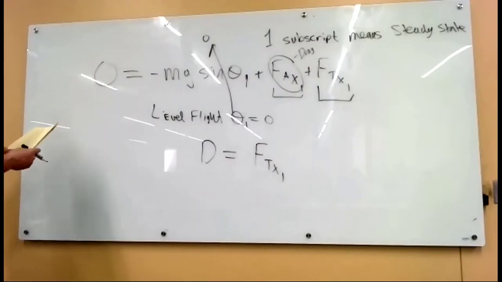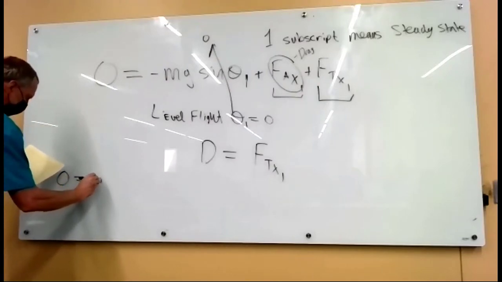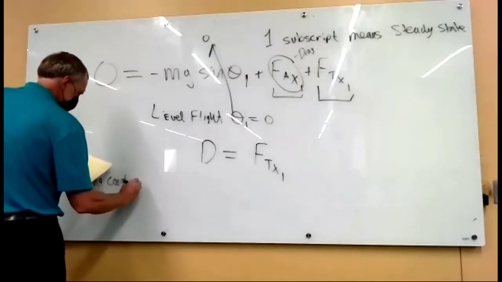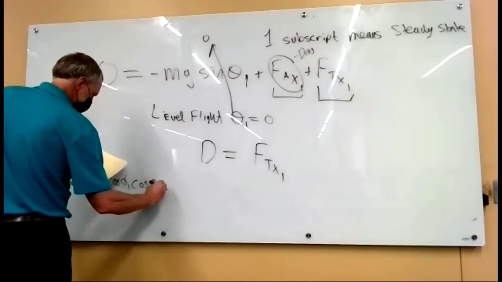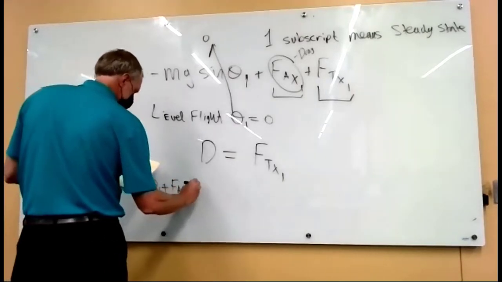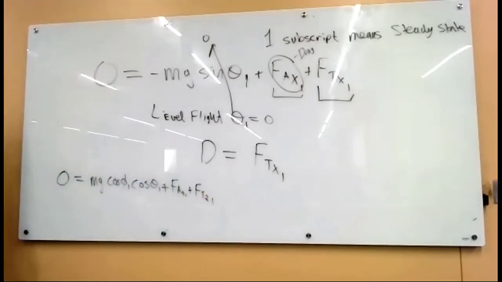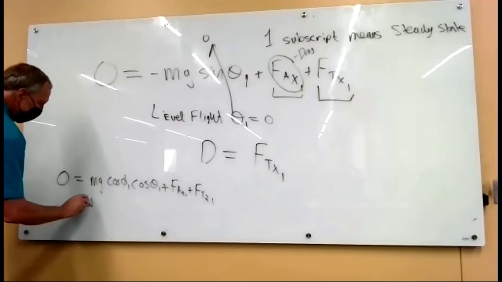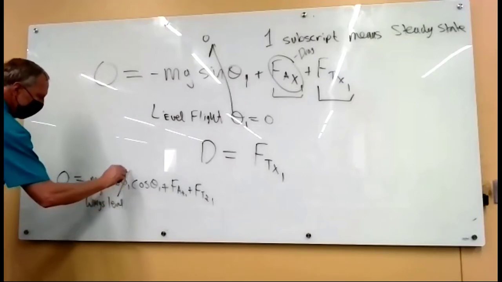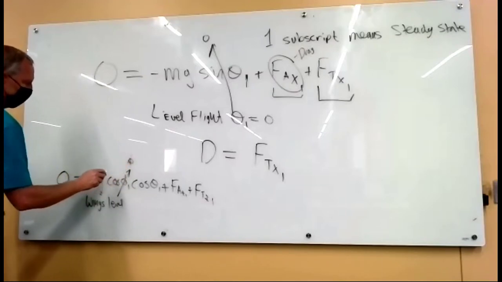And how about the Z force equation? So that's what we got when we knocked everything out. And let's say we have wings level. So that means phi is 0. So the cosine is 1.